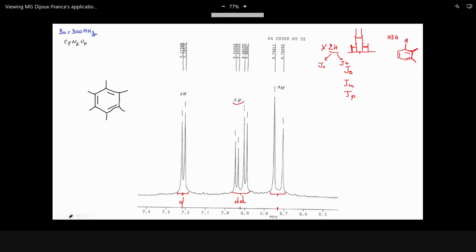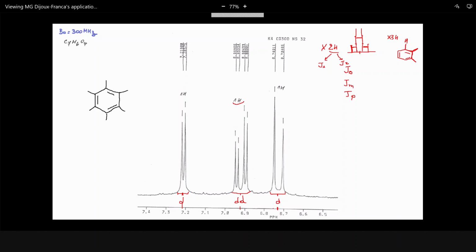And the last signal, what is the shape of the last signal? At 6.72. For the last signal, it is a double singlet. No, it's a doublet. No, it's a double.